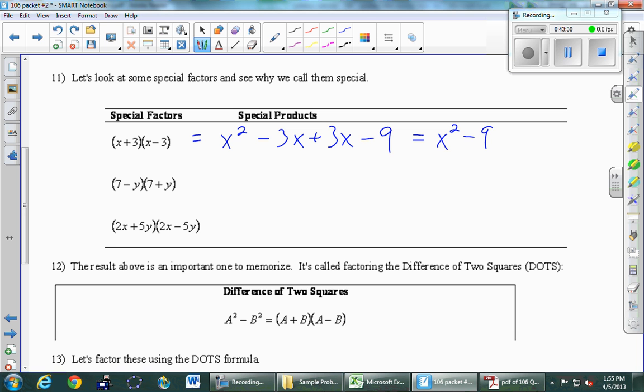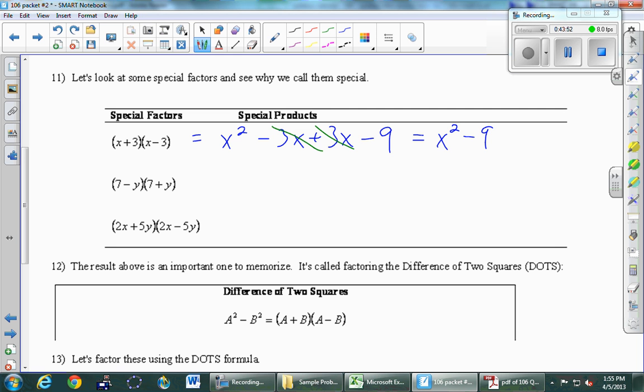When you FOIL, do you see something special happens here? Yeah, the outers and inners, the middle part, they happen to perfectly cancel, right? Minus 3x plus 3x, no x is left over. So that's very strange. It doesn't usually happen, but it does in this case, and so we just get x squared minus 9.